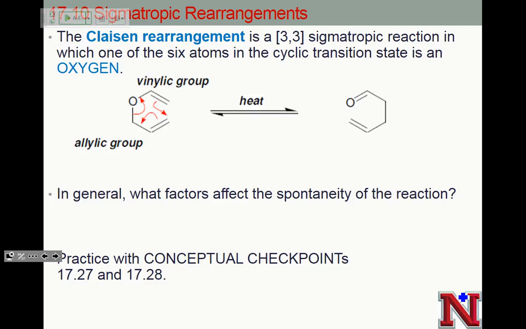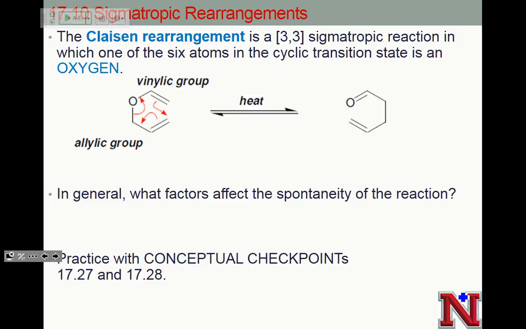So this is not stable. But a carbon-oxygen double bond, because the oxygen is more electronegative, has that resonance structure. This is our less contributing structure, but it does exist, and that helps stabilize the carbon-oxygen double bond. So because of that, the thermodynamics of the carbon-oxygen double bond are more stable.